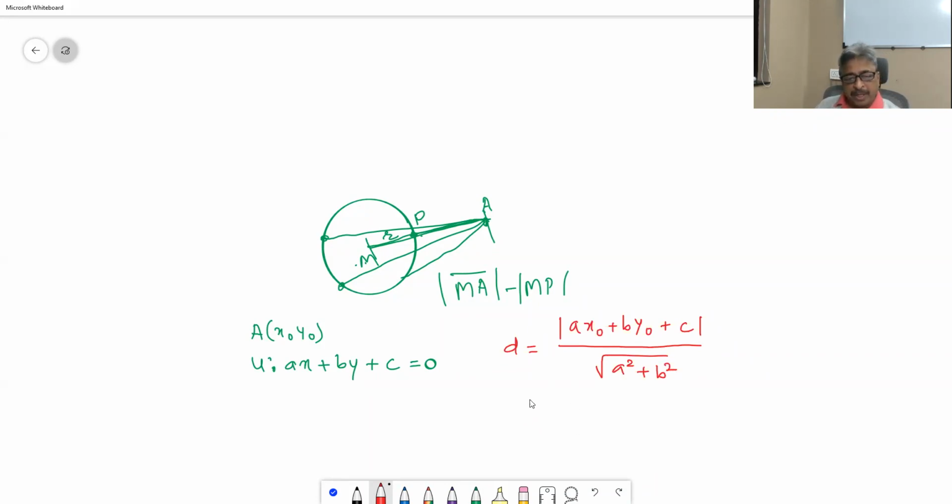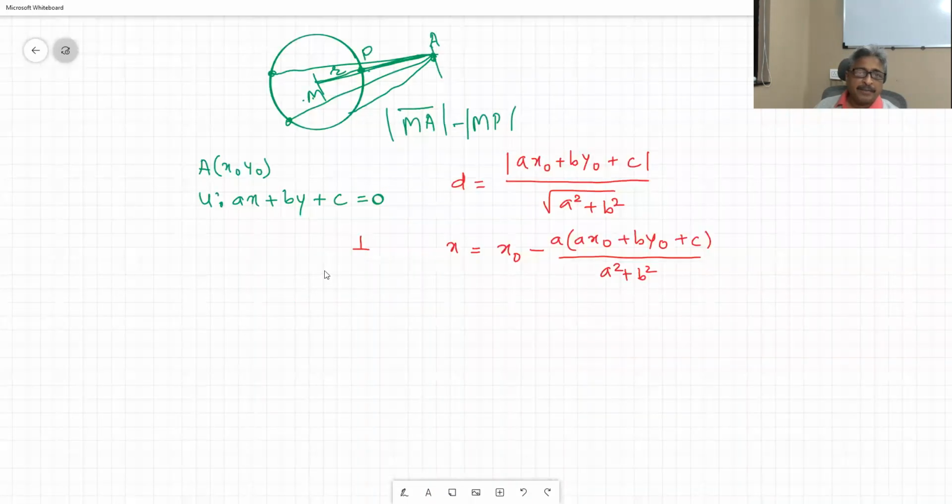Foot of perpendicular: x is equal to x naught minus a times (a x naught plus b y naught plus c) divided by (a square plus b square).